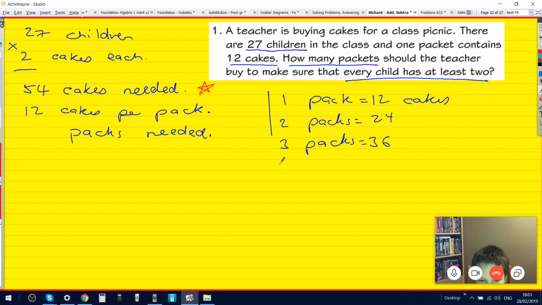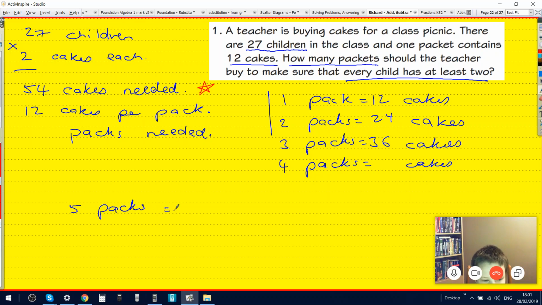No. 4 packs. No. 5 packs. How many cakes are in 5 packs? 60. Is that enough cakes? Well, yes.